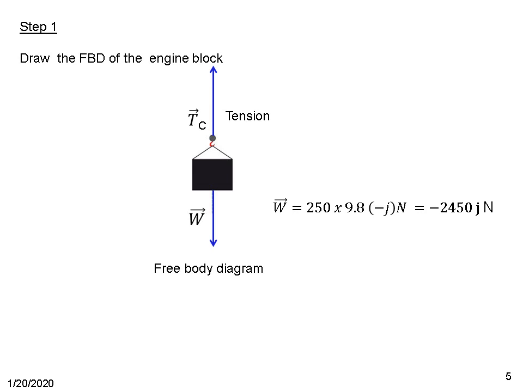The free body diagram of the engine shows two forces, weight W and tension Tc. We know that the weight is 250 times 9.8 acting in the negative J direction. Therefore, the tension in the cable Tc will be 2450 Newton in the positive J direction.